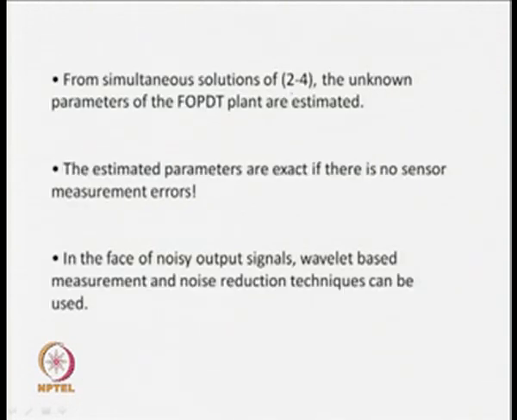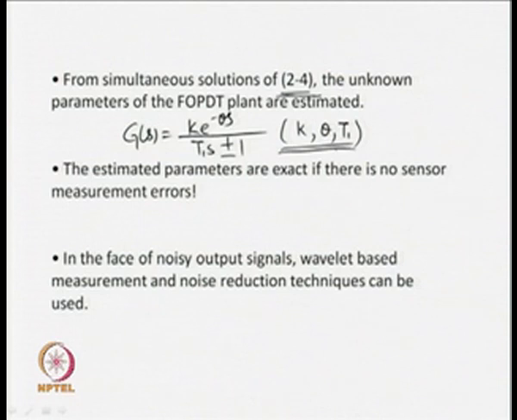From the simultaneous solution of equations 2 to 4, we have got the transfer function model, k e to the power minus theta s upon T1 s plus 1. So, the 3 unknowns in the transfer function model k, theta and T1 can be estimated using the 3 expressions.